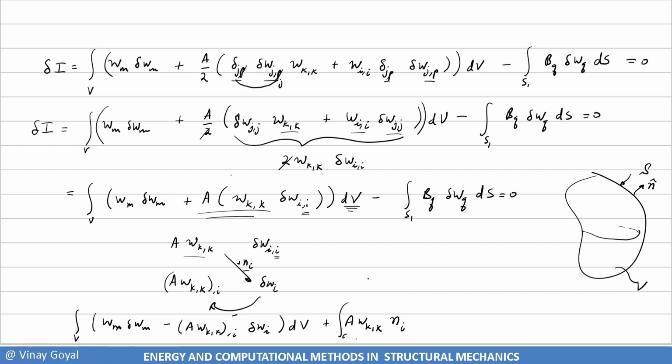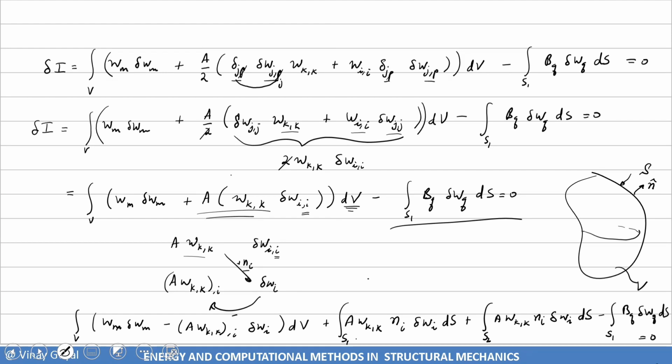And that's the integral over the surface S1 and times del WI ds plus the integral of the surface S2 AWK comma K NI del WI ds. And then I have this term here that I had not written down, minus S1 BQ del WQ ds, and this whole thing is 0.